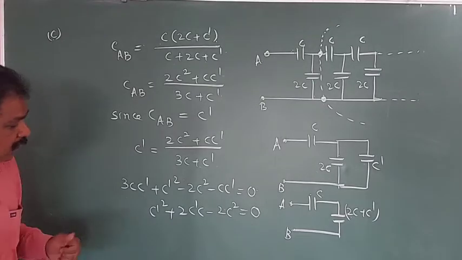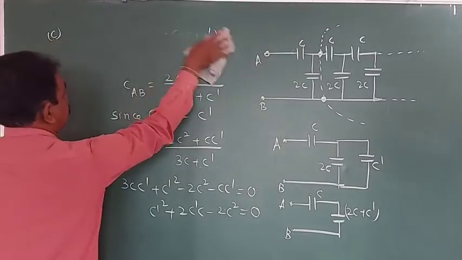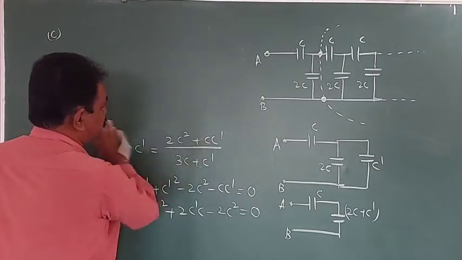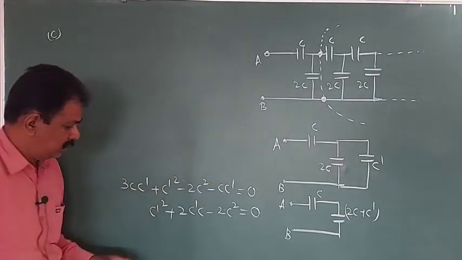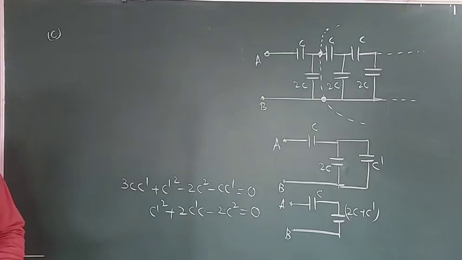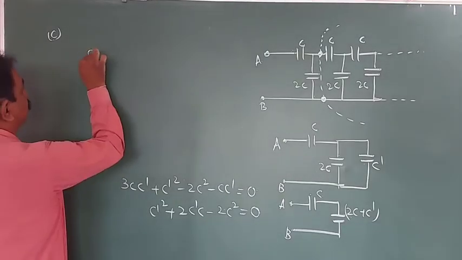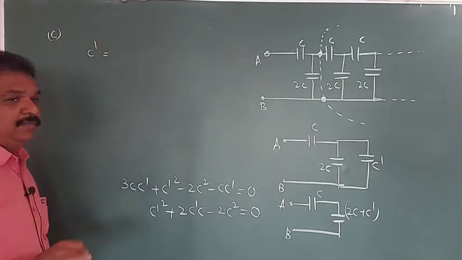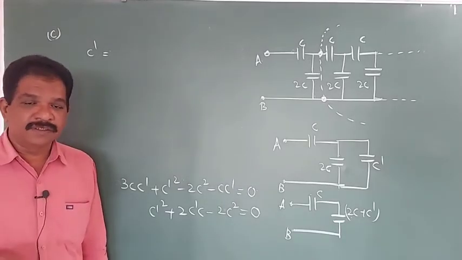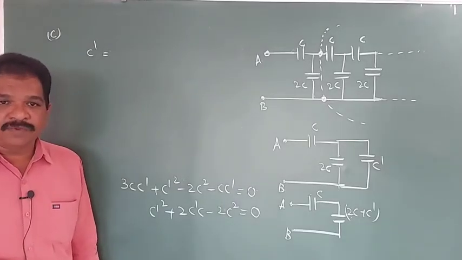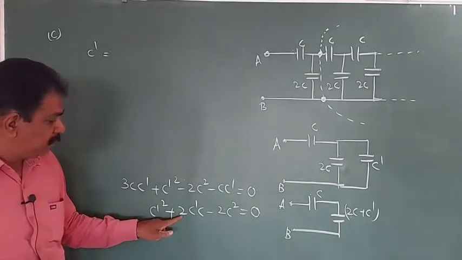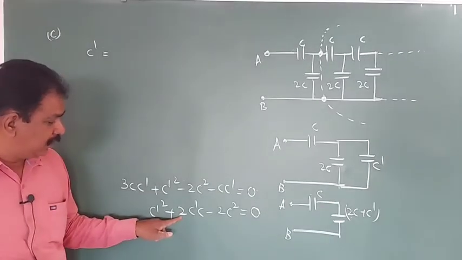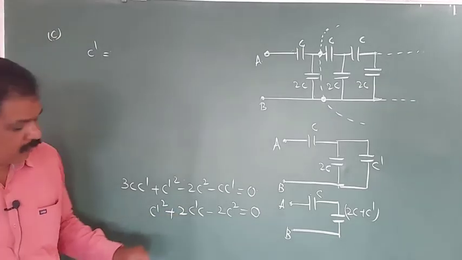So how much will we get here? C dash is equal to minus B plus or minus square root of B square minus 4AC by 2A. Minus B: the B value here is 2C.